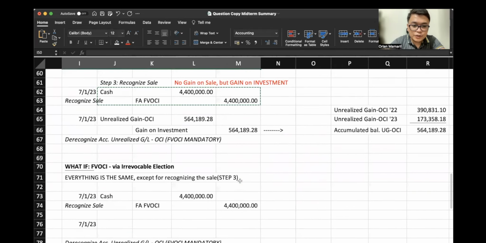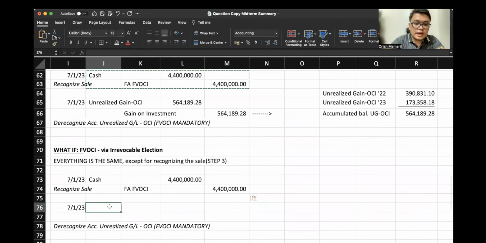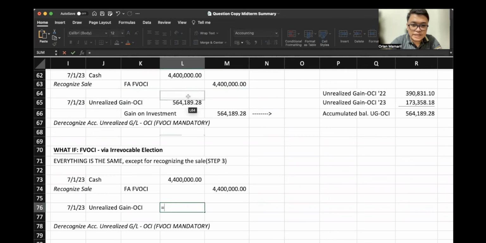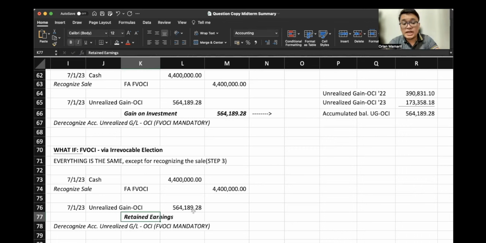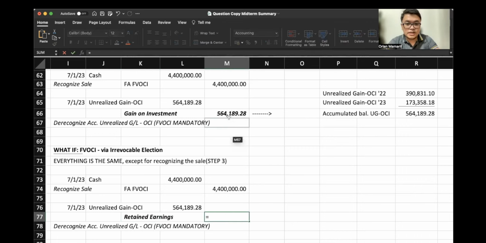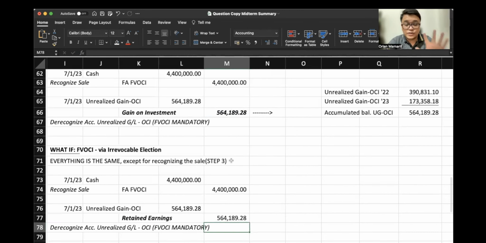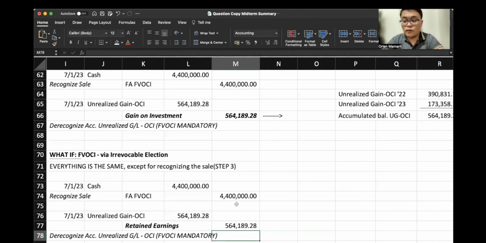But for step 3, when you recognize the sale, in terms of derecognizing the accumulated unrealized gain, which is still 564, instead of entering it as a gain on investment and increasing your net income for the year, if your FVOCI is via irrevocable election, you would straight up transfer it to retained earnings instead. So this won't have any effect. There is no gain or loss if you sold an FVOCI via irrevocable election.